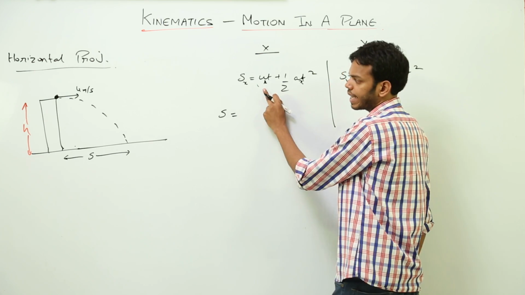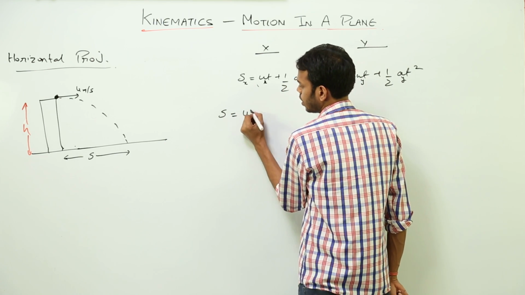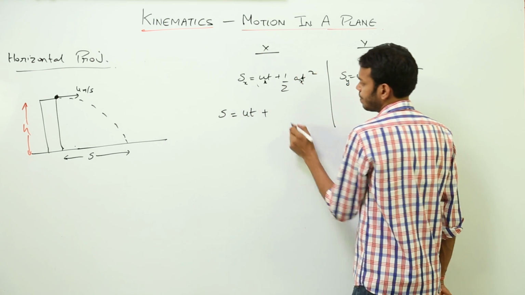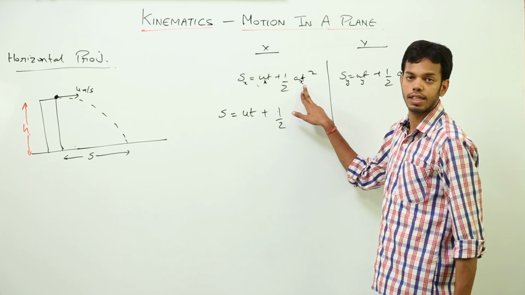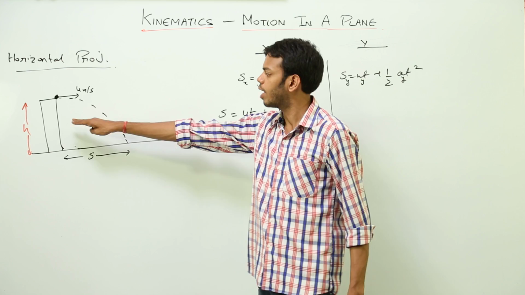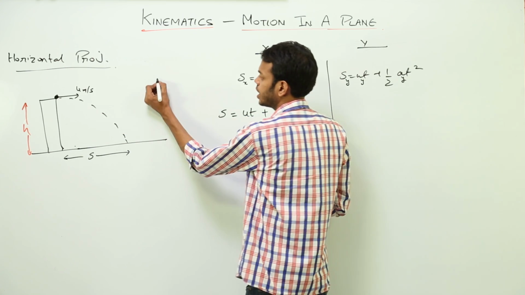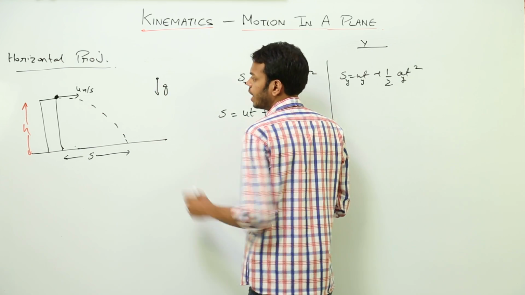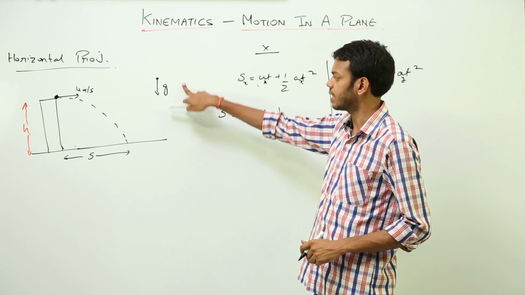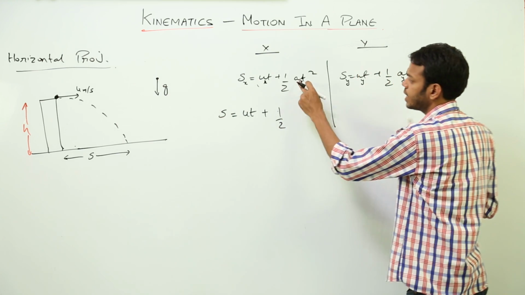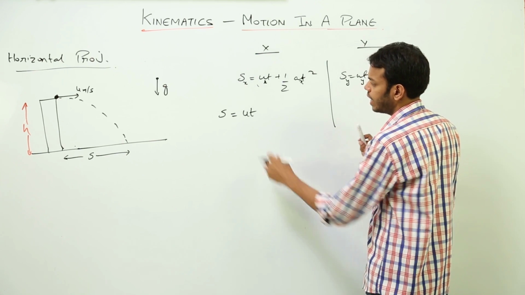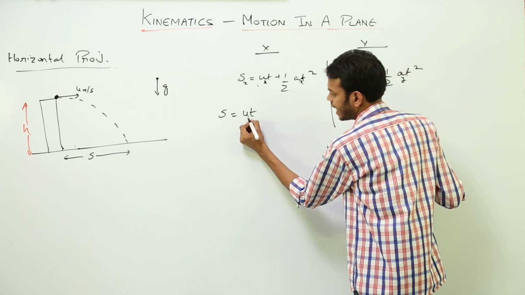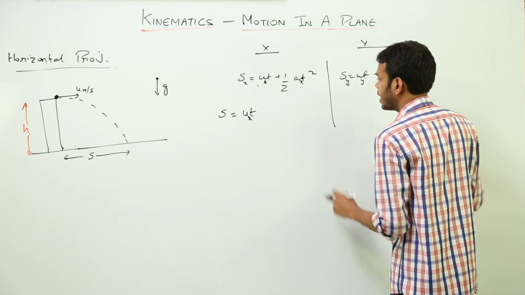Initial velocity along the x axis is u, plus half acceleration along the x axis. There is no acceleration along the x axis. The only acceleration is the acceleration due to gravity g, which is in the y direction, vertically downwards. So this a is 0, this whole term becomes 0. So we are left with s equal to ux into t, right?